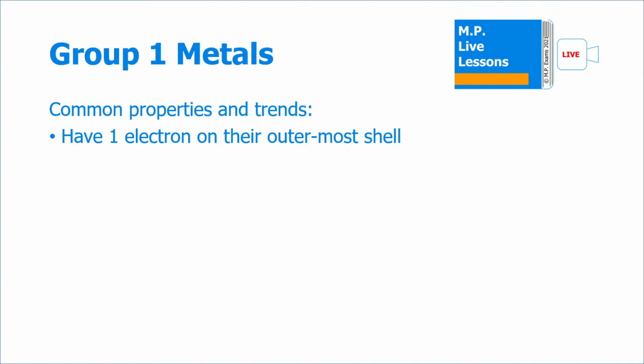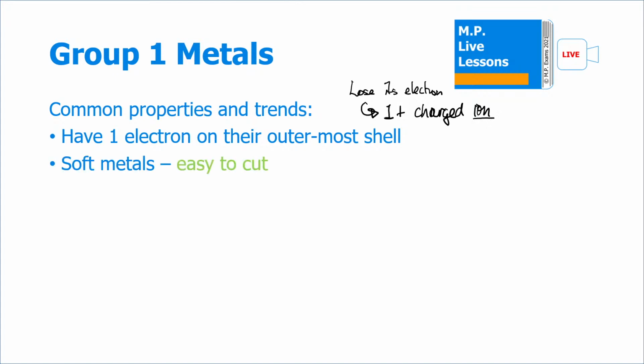So these will often lose their electron to become a 1 plus charge ion. You'll learn more about ions soon. These group 1 metals are also quite soft, meaning they're easy to cut, like with a scalpel.